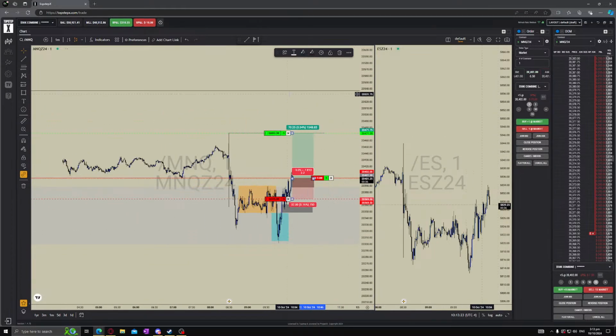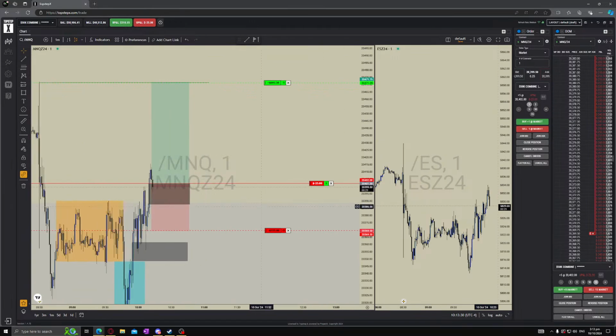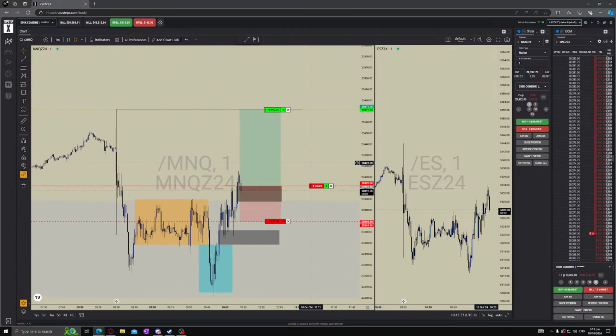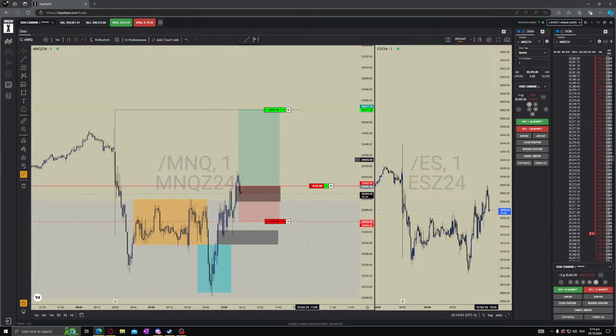Remember, we still have the September 23rd high to take out. Still haven't taken it. All right, let's see if we get some momentum right here.